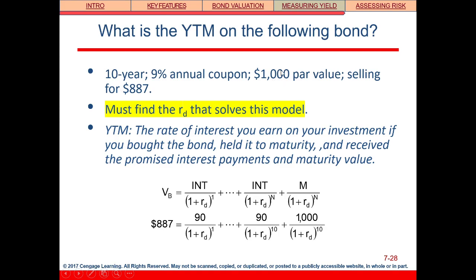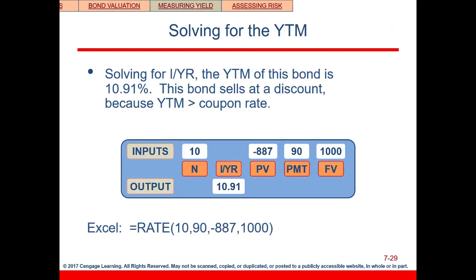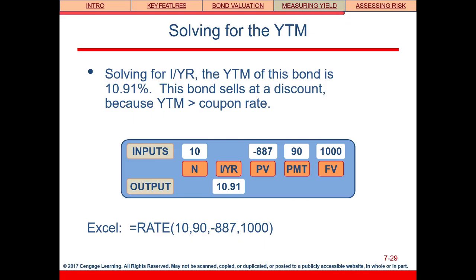This is the cash inflow, and you're going to receive interest income too, which is 9%, so that's $90 every year. This is also positive because for you it's going to be cash inflow. And then you put in all this input, you calculate the I/Y, which is the yield to maturity.